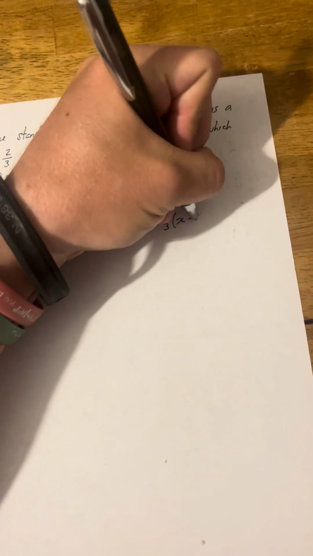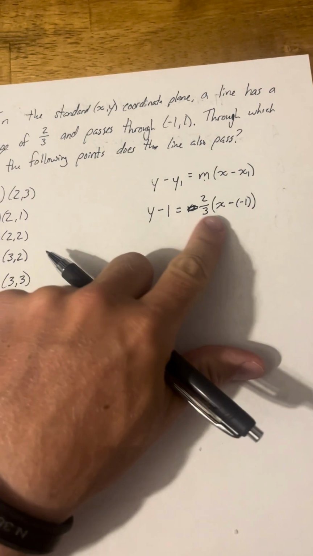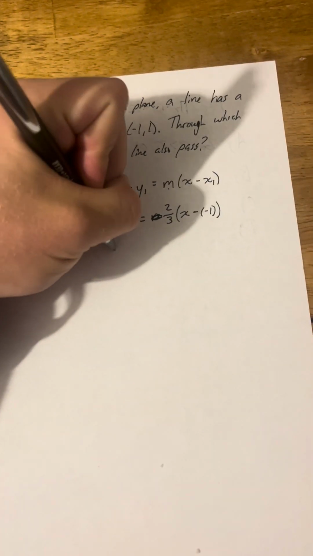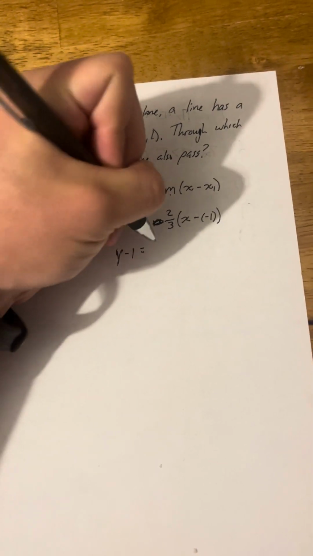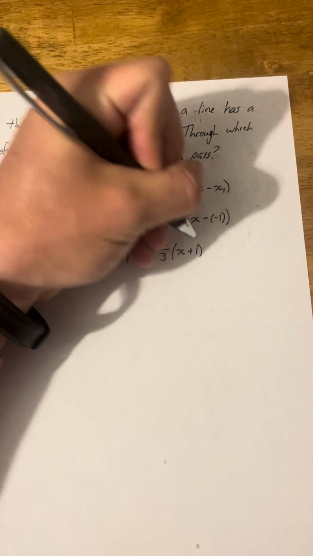So x minus -1, okay? If you just want to change it to +1, that's fine, it's the same thing. So if you want to simplify that, y minus 1 equals 2/3 times (x plus 1).